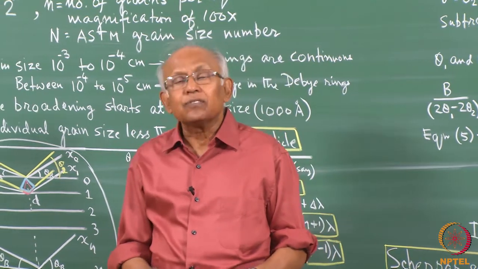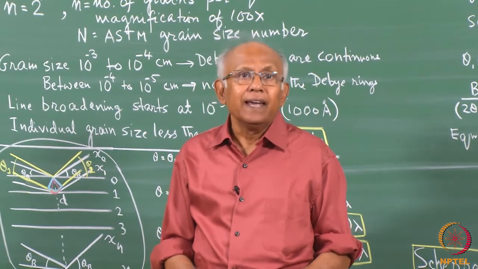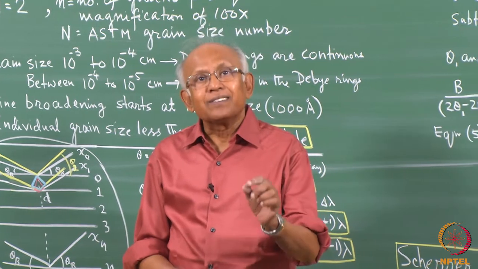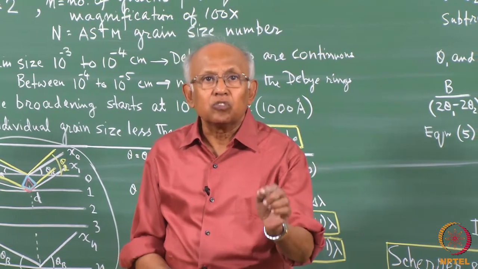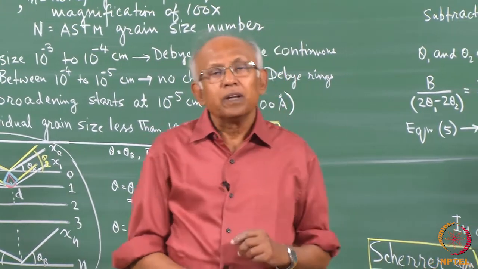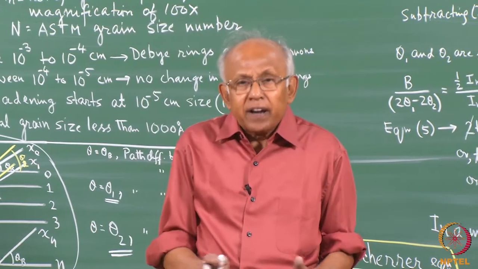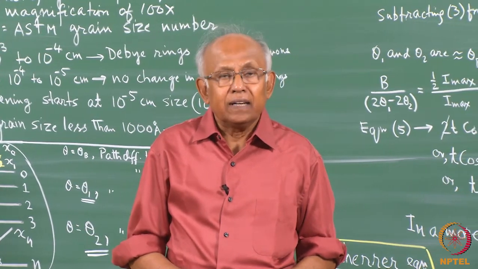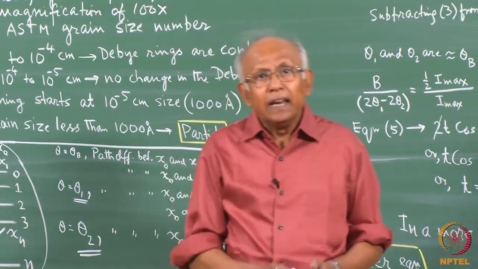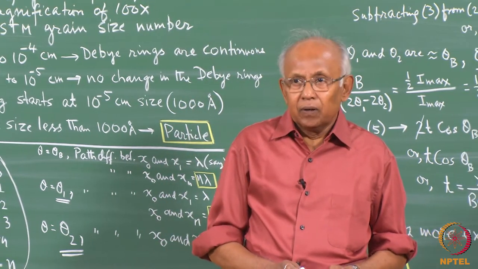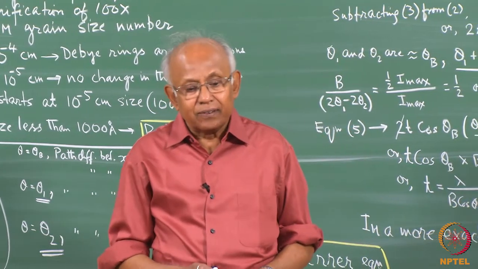And in a diffractometer, again it is because of the size of the X-ray spot, which causes some broadening of the diffraction line. These are called instrumental broadening, broadening due to the instrument itself.